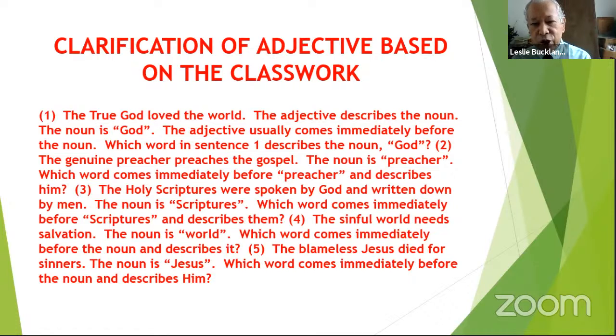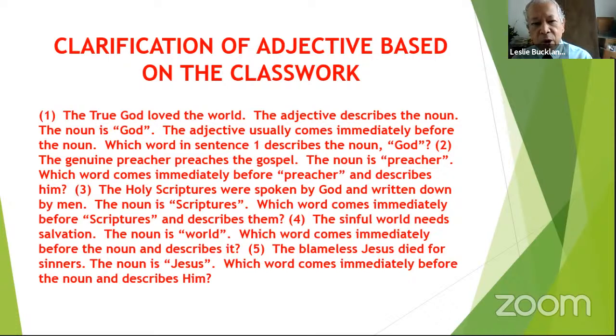When you have an adjective that comes after the verb is, that is called the predicate use of the adjective. Whatever comes after the verb is called predicate. But you don't have to really bother yourself about the meaning of predicate.